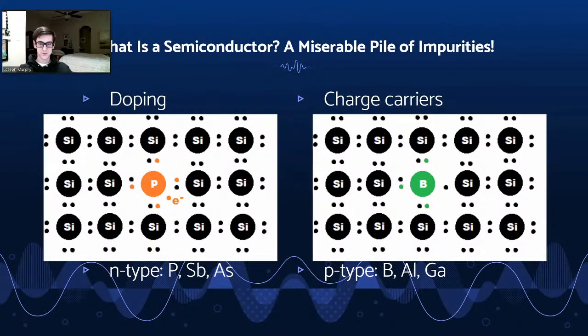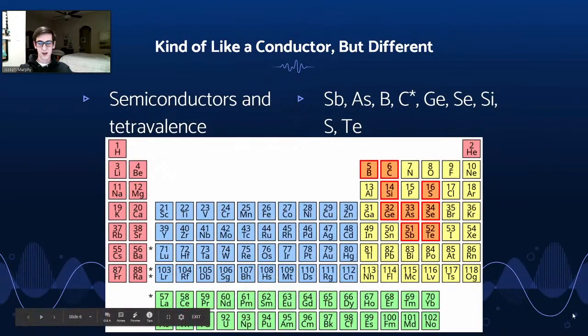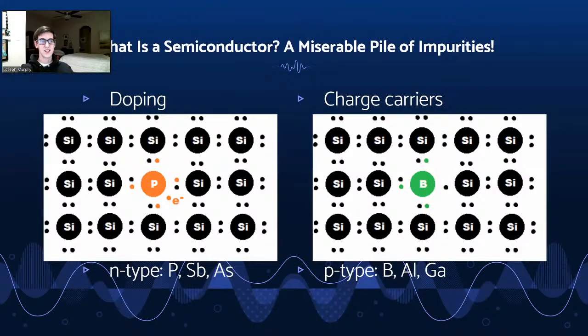But not all of these are semiconductors in their pure forms. Not all of them are tetravalent, because most semiconductors are a product of the doping process, through which we get a pure substance like a silicon network, and we introduce small quantities of some other atom.